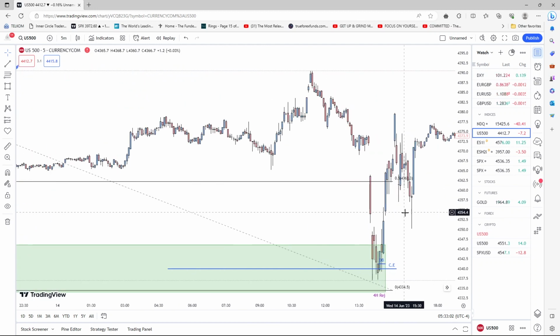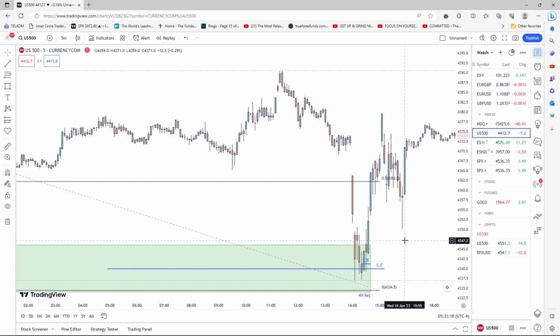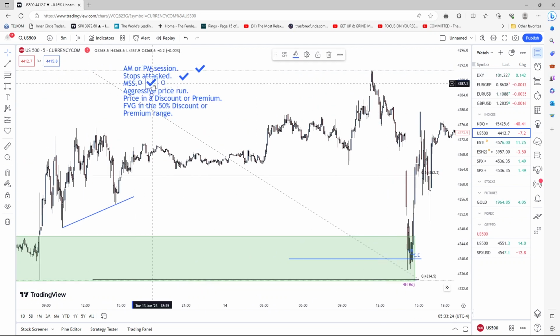So we have that. And then aggressive run: unless we trade above this one or above this structure shift, I would say no. There was not an aggressive run, but we shall get to those entry techniques. So aggressive run, no. Price in a discount or premium, yes.